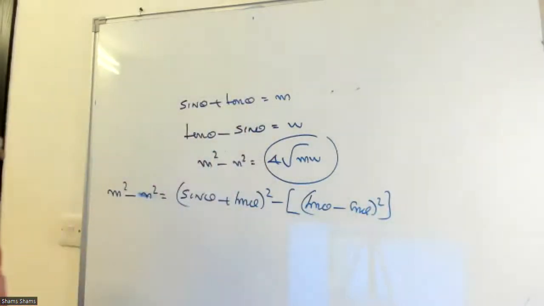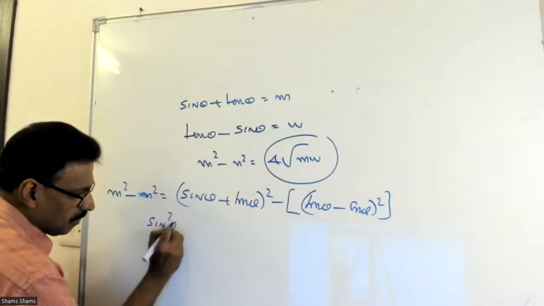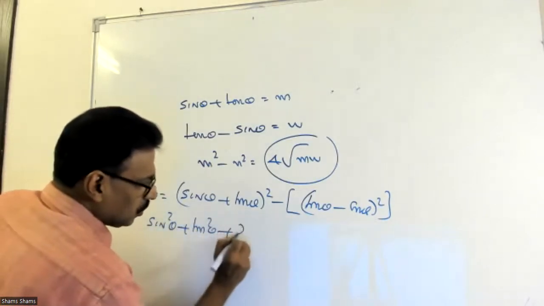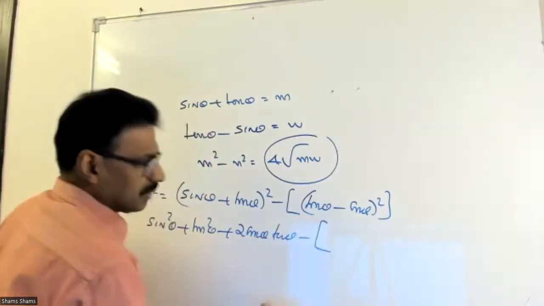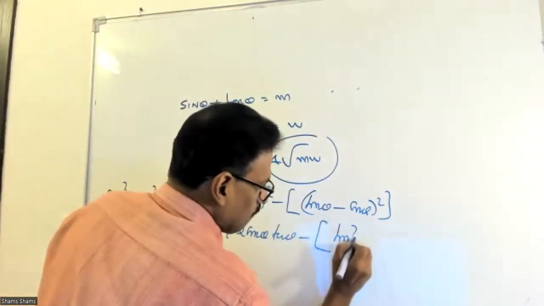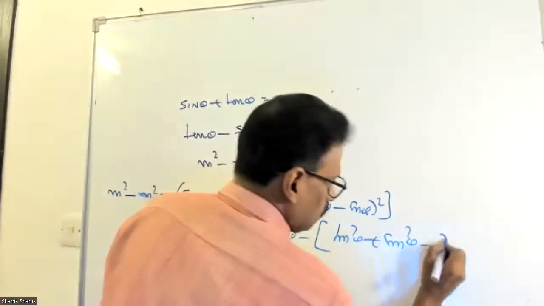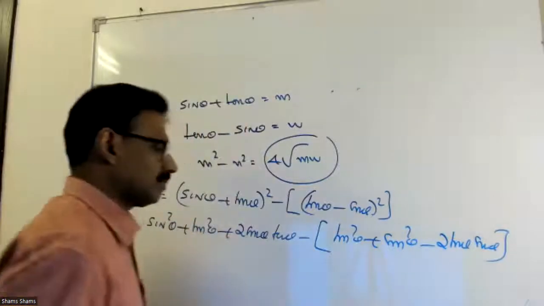That is sine square theta plus tan square theta plus 2 sine theta tan theta, minus tan square theta plus sine square theta minus 2 tan theta sine theta.